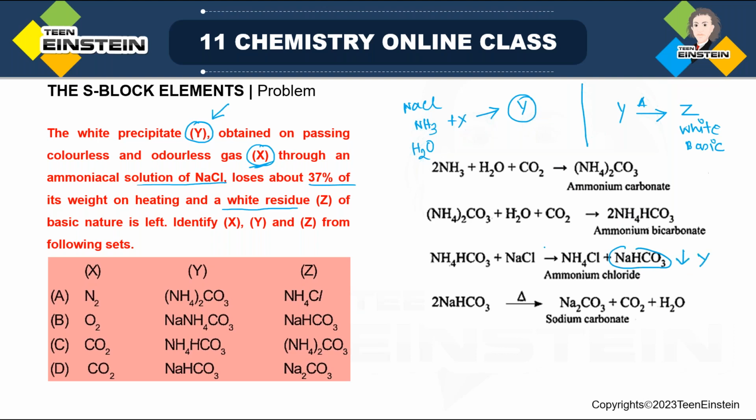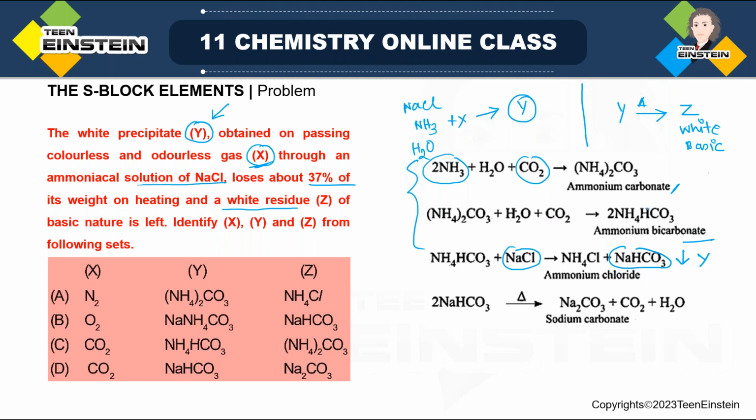Now how are you getting Y? You are taking help of these reactions, but actually the main component that you have taken, NaCl, is the source of sodium. You have taken ammonia, you have taken CO2. Water is obviously there. Then ammonium carbonate is obtained, and in the next step ammonium bicarbonate. But ammonium bicarbonate and carbonate are not mentioned in the question.